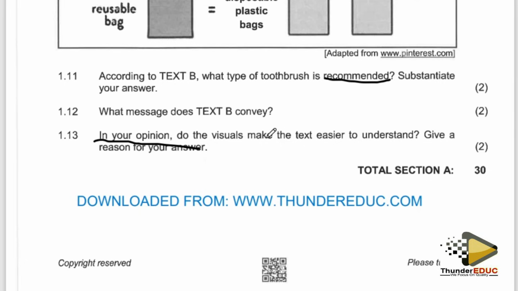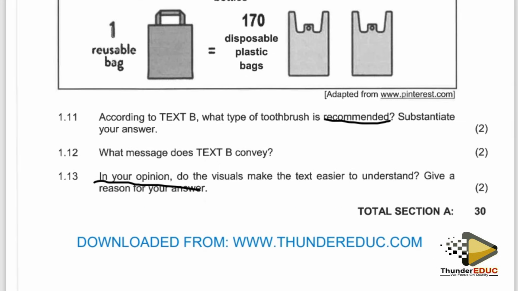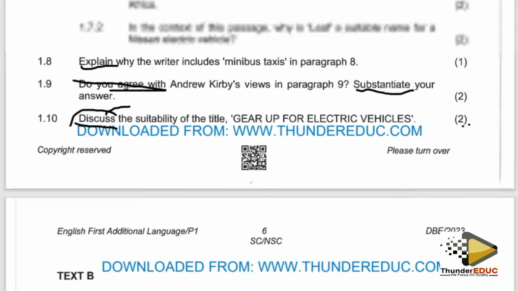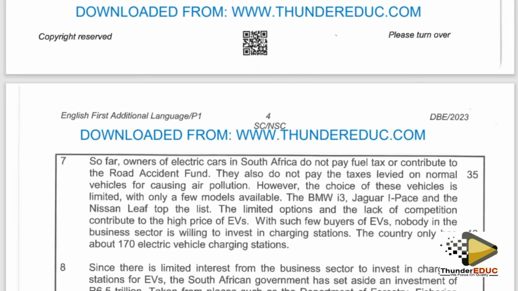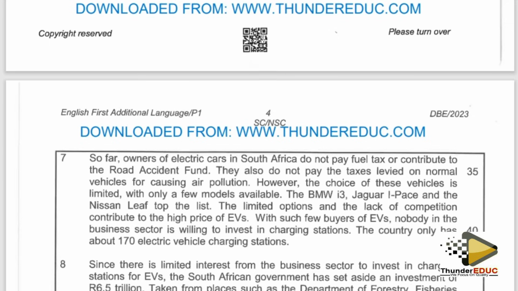So it's your opinion. If you felt it does not, you could have simply said no, because in the first text, they talked about cars and changing from the normal mode to electric cars because of emissions, because of pollution.